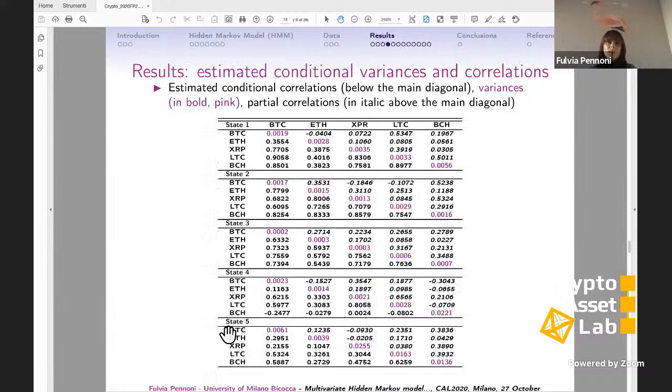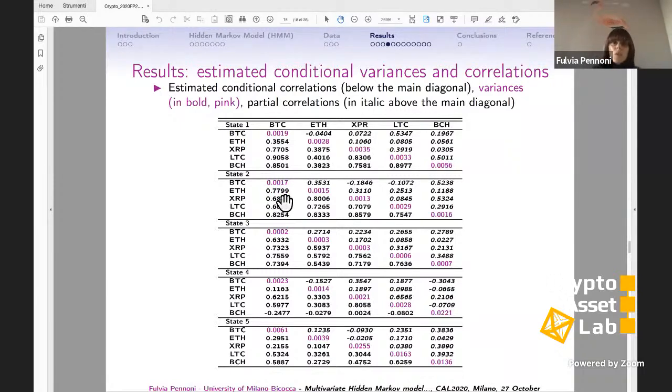Another interesting piece of information can be gained by looking at the estimated conditional variances and correlations. So in this big table, I report for each state the state-specific variance on the main diagonal, and state-specific raw correlations below the diagonal, and state-specific partial correlations.